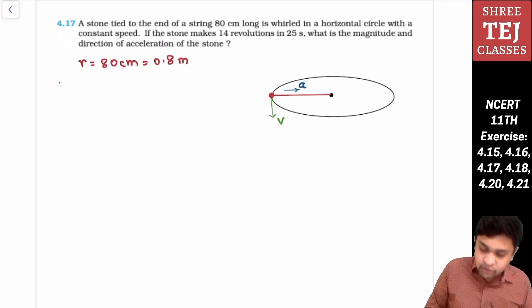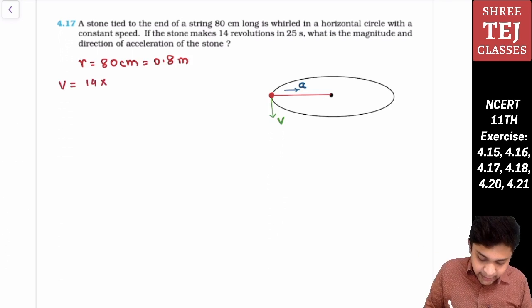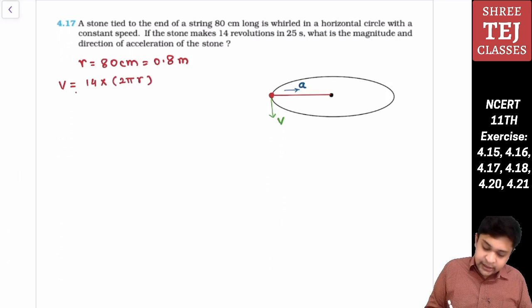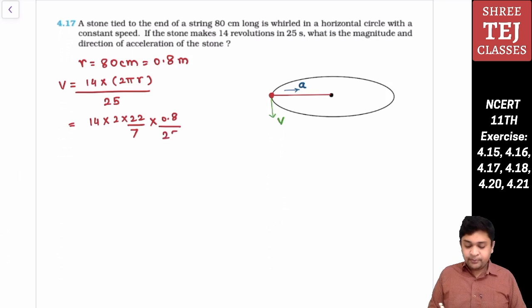Speed V would be total distance traveled, 14 multiplied by the distance in one revolution, 2 pi r, divided by time, which is 25 seconds. So this would be 14 into 2 into 22 upon 7, R is 0.8, and divided by 25.